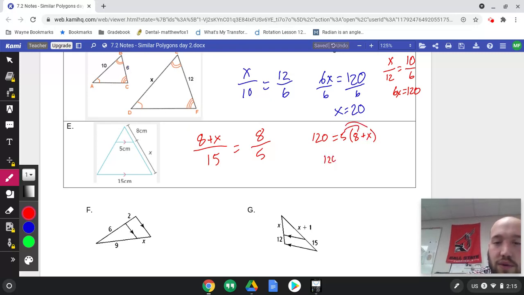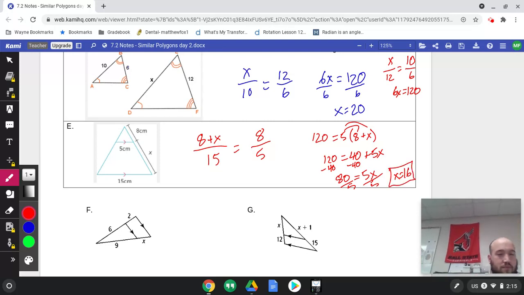So 120 would equal 40 plus 5x. We subtract the 40. Divide by 5, and we will get x to equal 16.